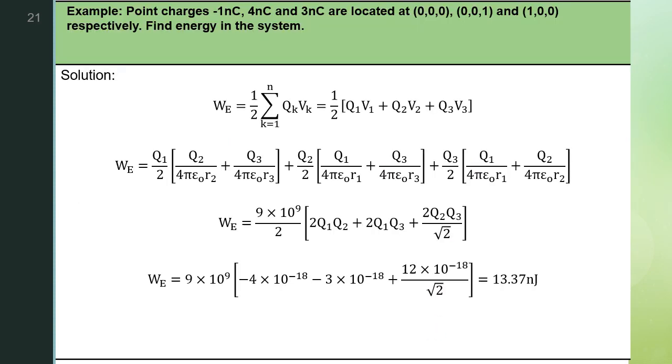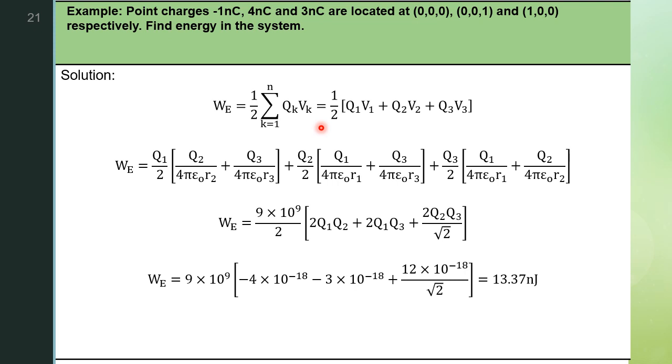So now we'll see an example to find the energy in a system of 3 point charges. We have 3 point charges, minus 1 nanocoulomb, 4 nanocoulomb and 3 nanocoulomb, which are located at 0 0 0, 0 0 1 and 1 0 0 respectively. Since there are 3 point charges, we will use the expression half into Q1 V1 plus Q2 V2 plus Q3 V3.